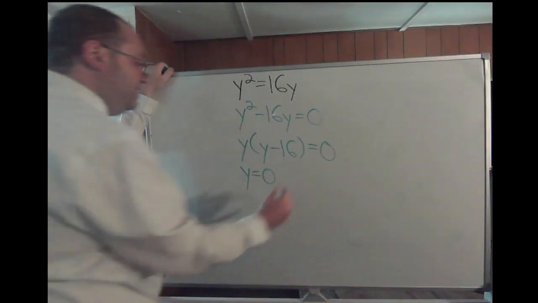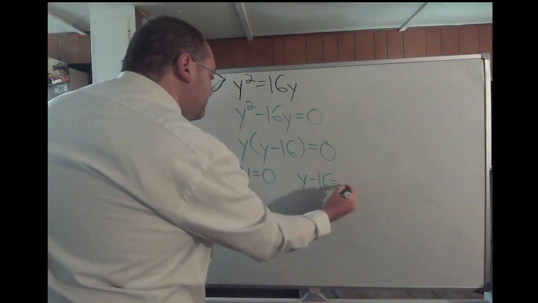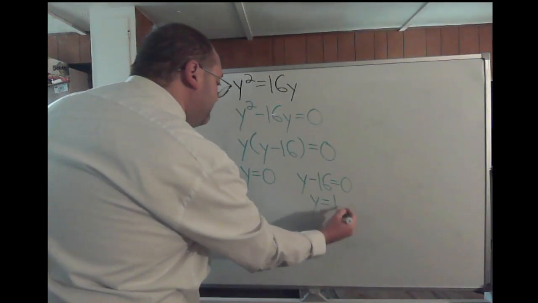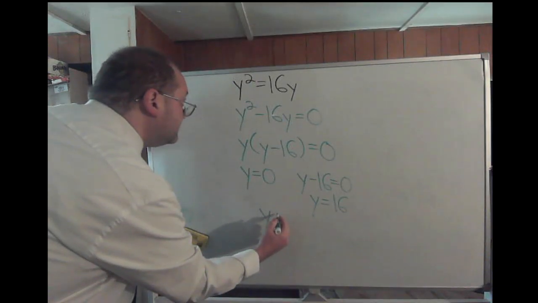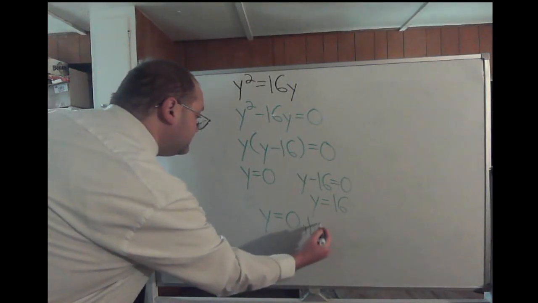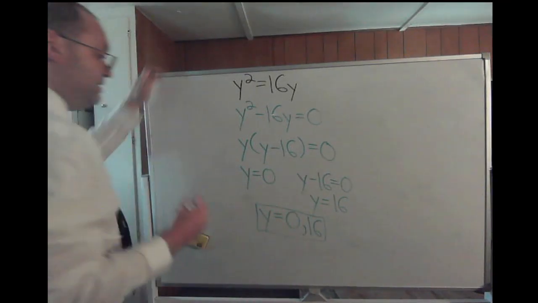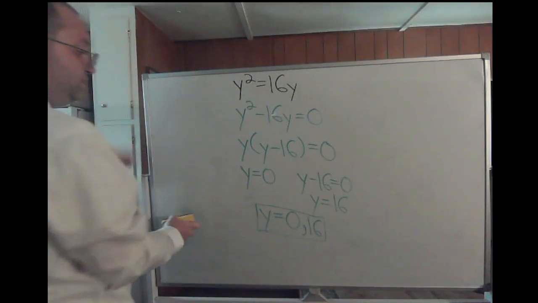Can't do anything with that. Y minus 16 equals 0, so then y would equal 16. So the two values of y that you should get would be 0 and 16. Both of those will give you 0.